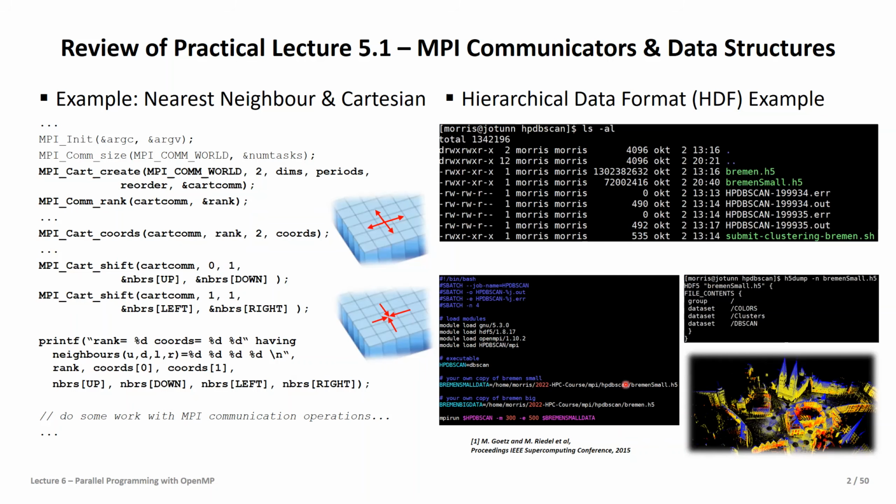We also learned that the Bremen small was obviously just the smaller version of a bigger picture. You see here the amount of bytes is actually much less than the real data set in Bremen, which of course then really requires high performance computing.